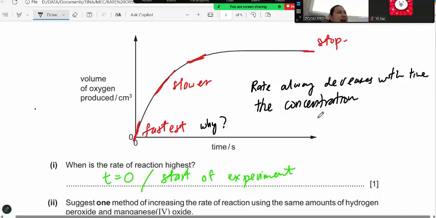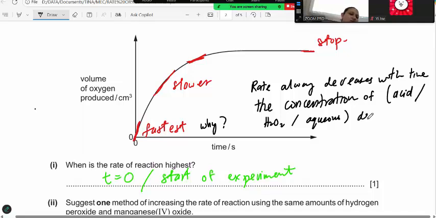If the question is acid, then you must say concentration of acid. If the question is hydrogen peroxide, you must say concentration of hydrogen peroxide. Basically, for any aqueous solution, the concentration of the aqueous solution decreases with time. So the key word here is concentration.